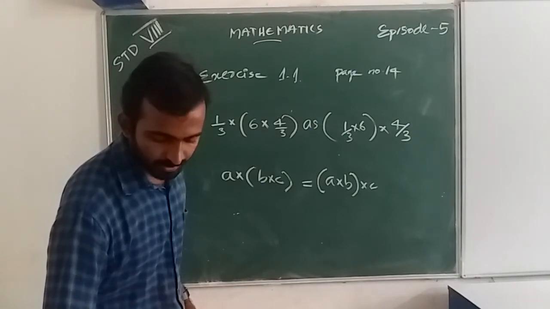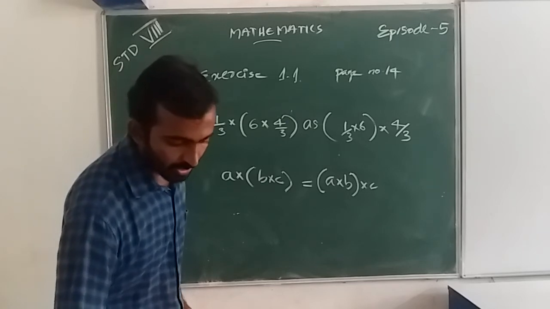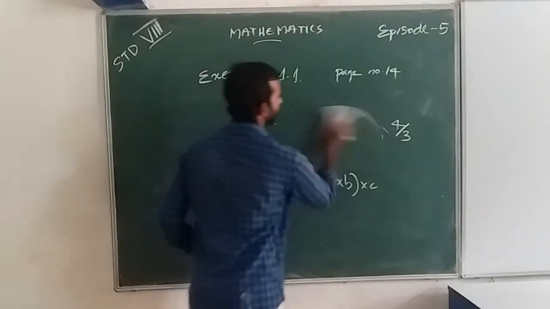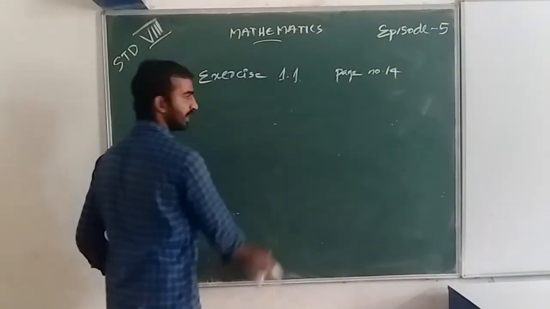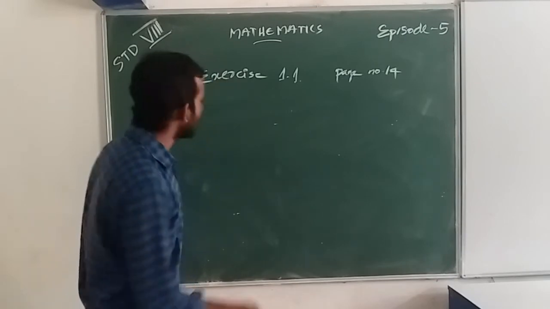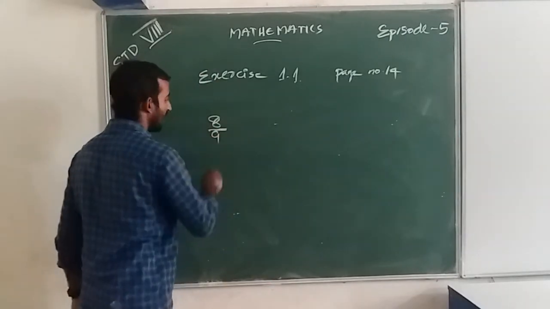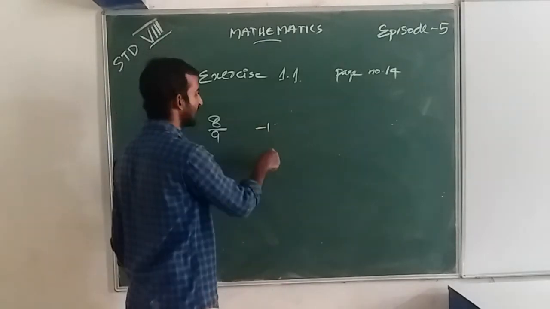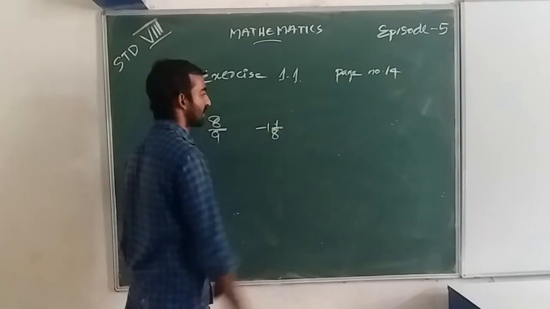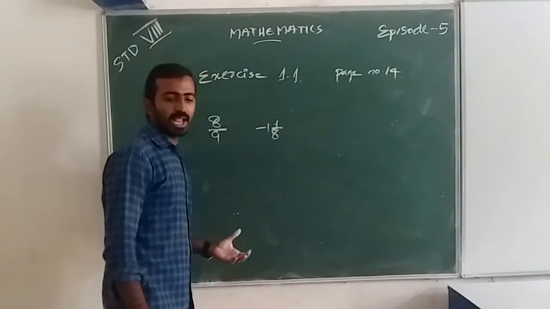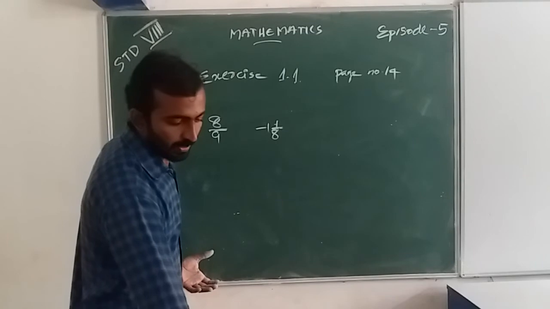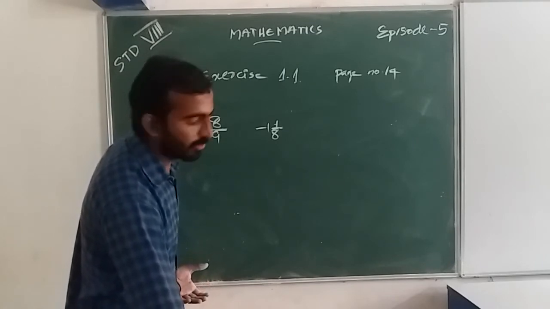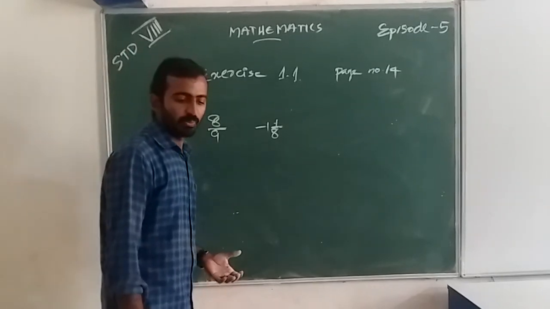Is 8 by 9 the multiplicative inverse of negative 1 and 1 by 8? Why no?